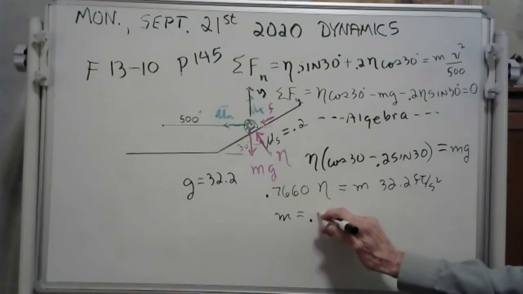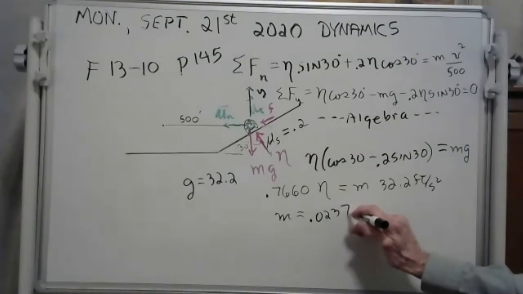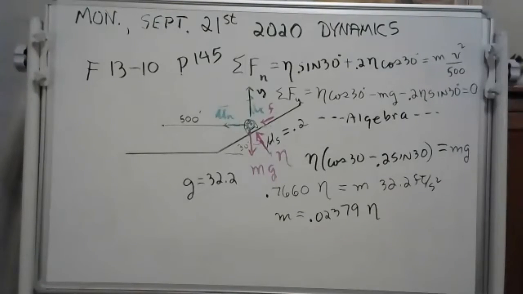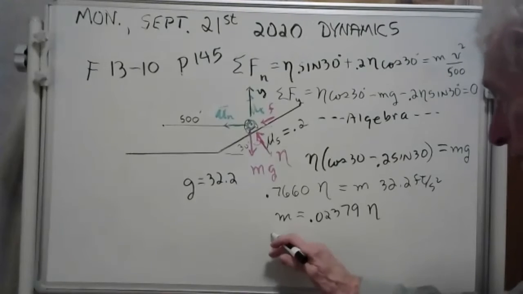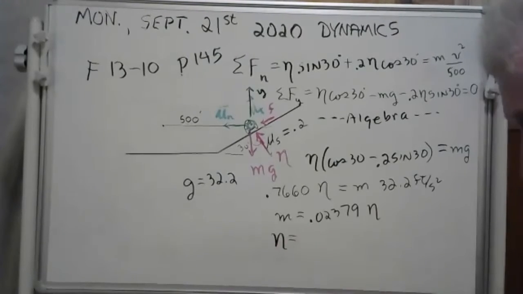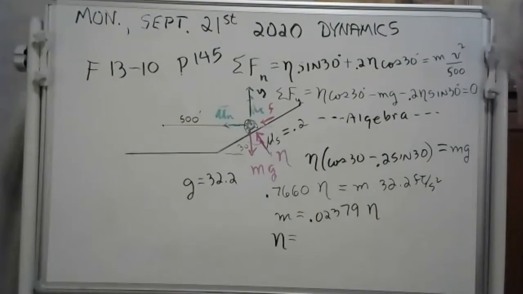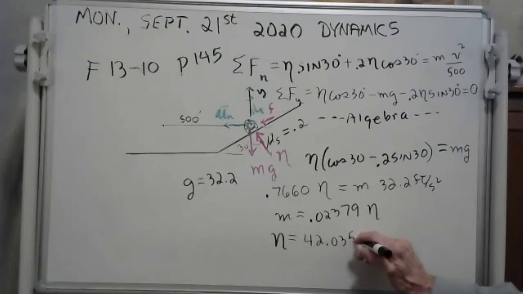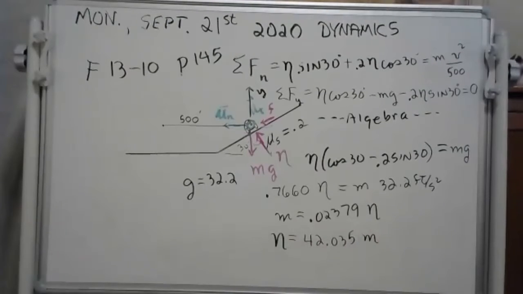See if you get 0.0237 times the normal for the mass. I think so. Okay, now here's my plan. Maybe I need to do it the other way. Let me get the normal in terms of the mass. I'm getting 42.035 times the mass for the normal.